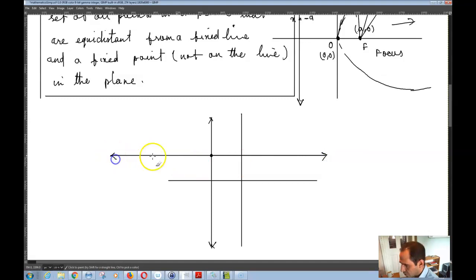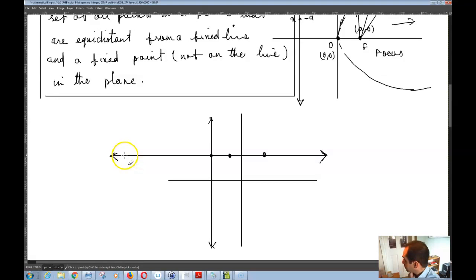For example, this point over here, which is on this line, is at distance 0 from the line and from the point itself. Then you can take this point over here, it is at this perpendicular distance from the line and the same distance from the point. Take this point over here, it is at this distance from the point and the same distance from the line, and so eventually you will get a straight line like this.